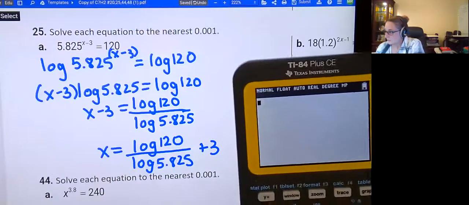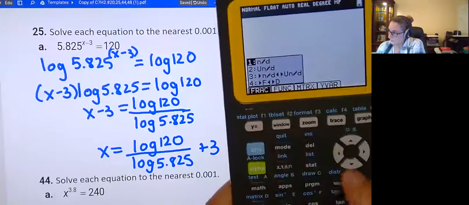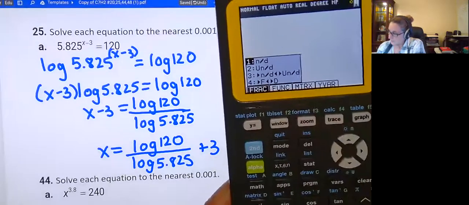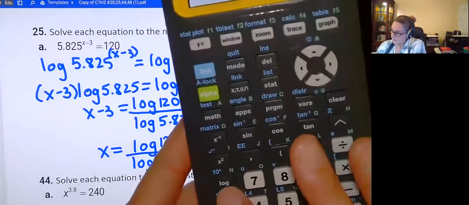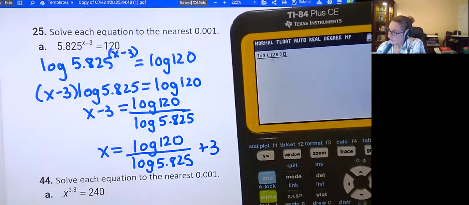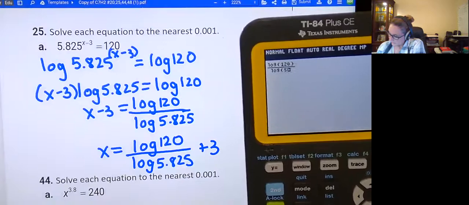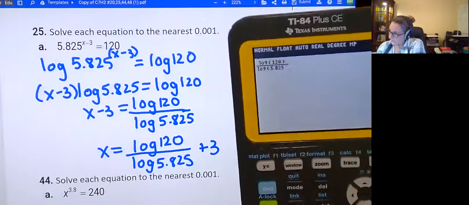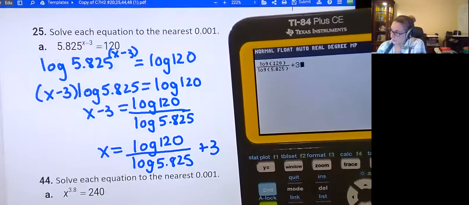Okay, so to do this as a fraction, you can do alpha y equal, and then I'm going to hit number 1 or just hit enter, and I'm going to take log, this log right here, log of 120 over log of 5.825, and then I'm going to arrow out, and then I'm going to have my plus 3.